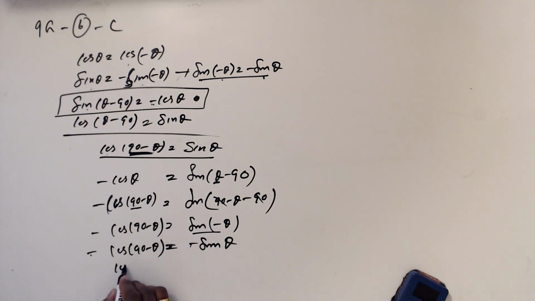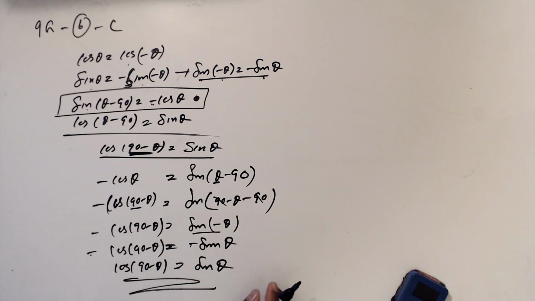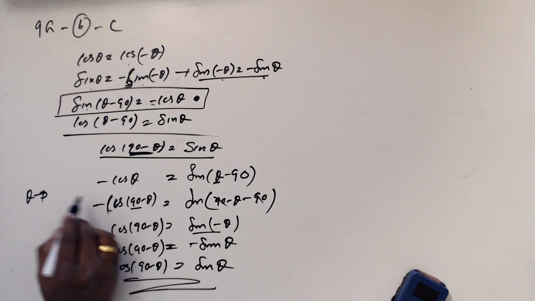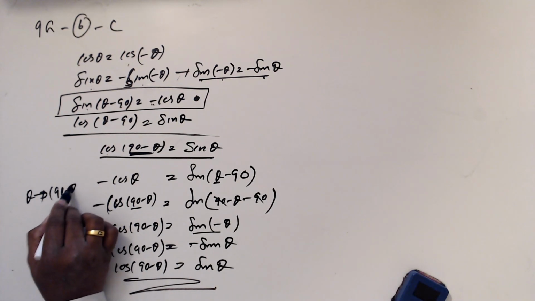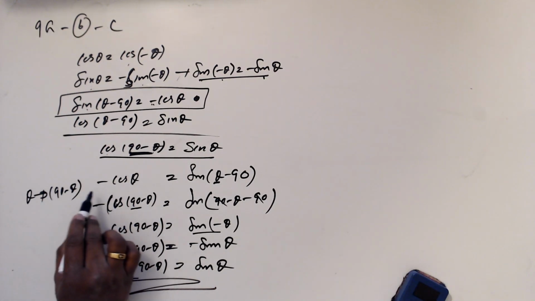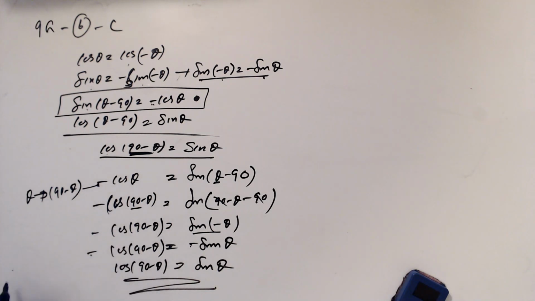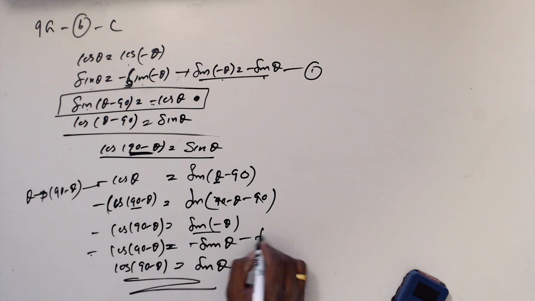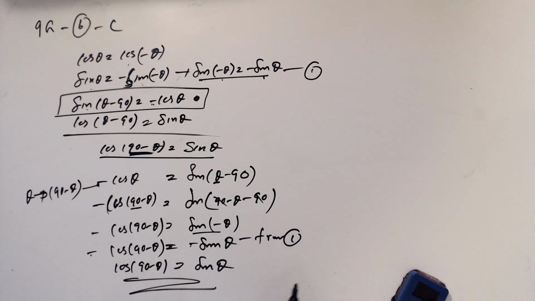Then the final answer is cos 90 minus theta equals sine theta. Here you are substituting 90 minus theta instead of theta. Let me write this is 1. So this is from 1.